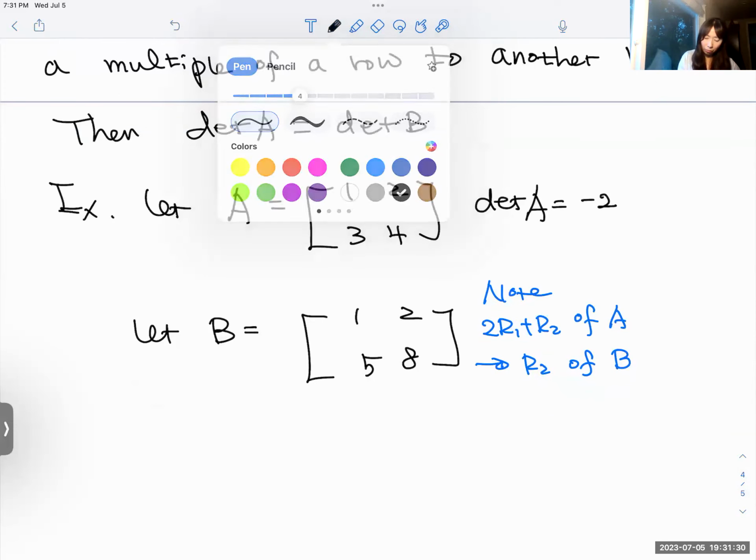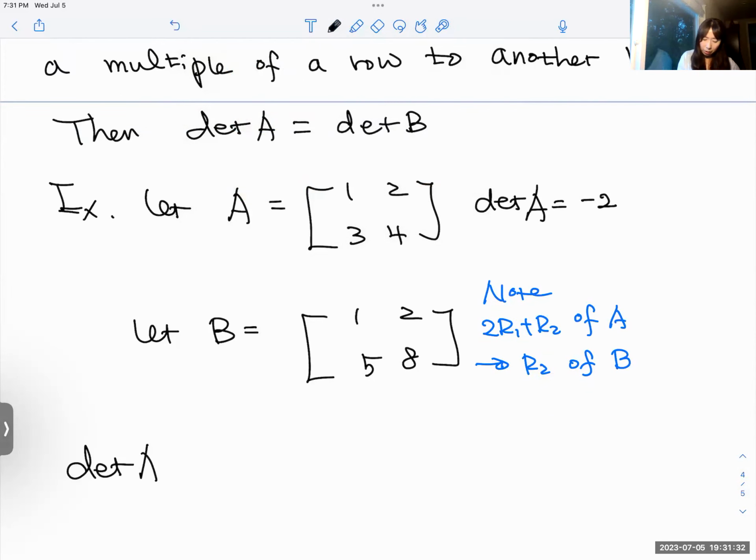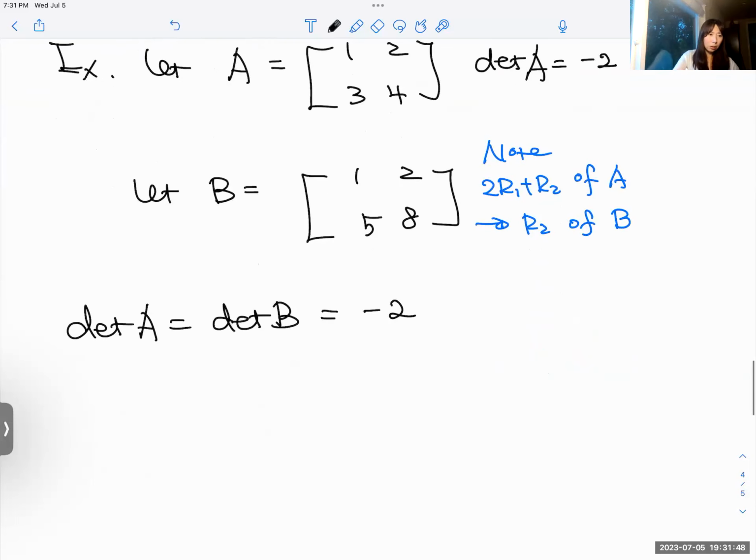So the determinant of A equals the determinant of B, which is negative 2. All right. Okay. So why are we doing this? Once again.